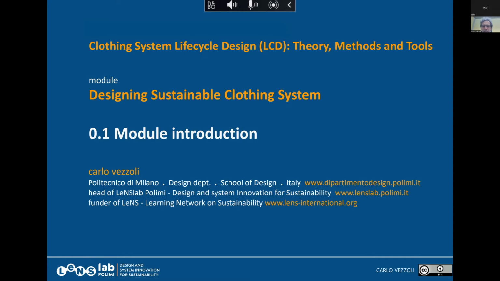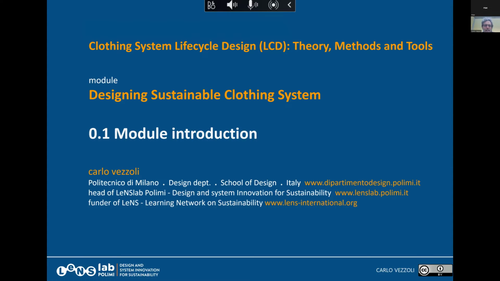I will say a few things about this because it could be of some interest for you. It's a network of universities all around the world to diffuse design for sustainability. With some funds coming from the EU, together with some other colleagues, I've been the founder of this network.